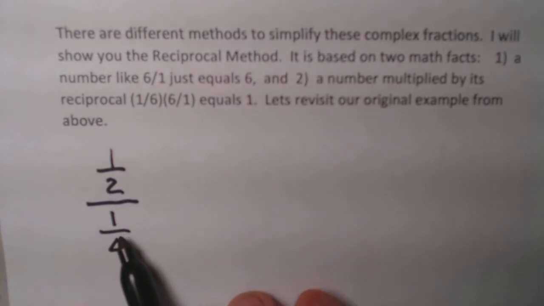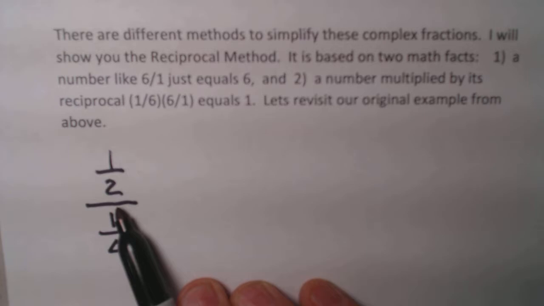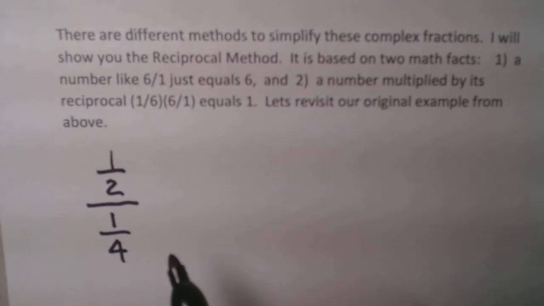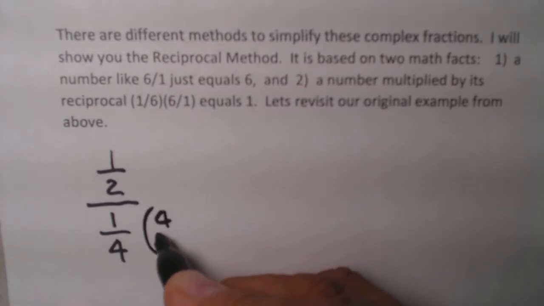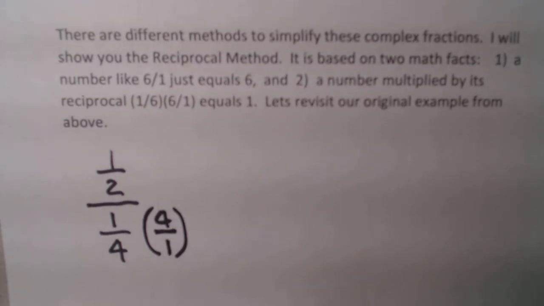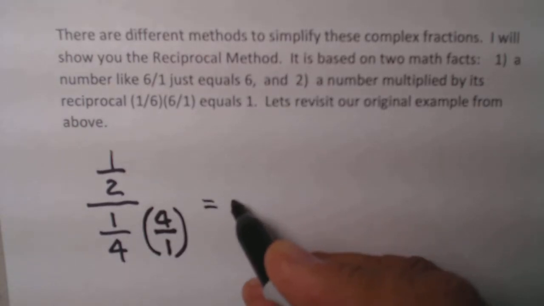If I can change this downstairs to 1, what that means then is the answer is just the upstairs. Well, what can I multiply 1/4 by to change it into 1? I can multiply it by its reciprocal. So if I multiply the downstairs by 4/1, that's the reciprocal of the downstairs, this will cross cancel, of course, and end up giving me 1 over here.